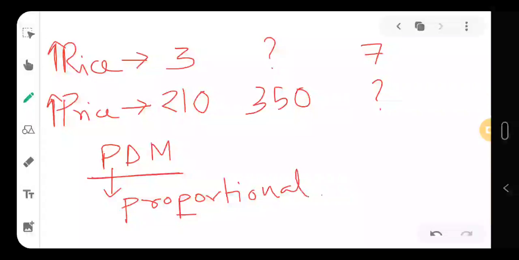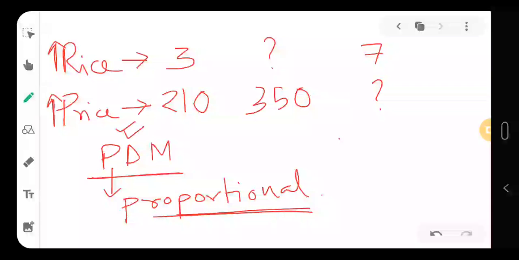In this case we have division first. When we have a PDM case or direct proportionality, division is the starting point of my math.